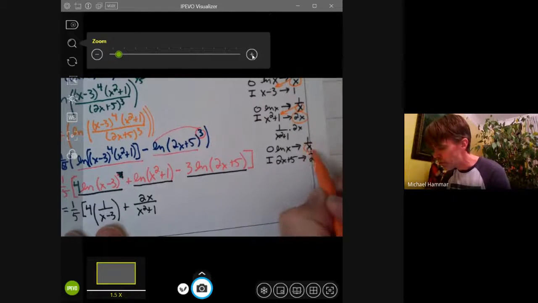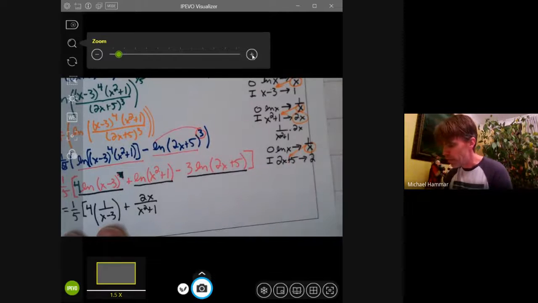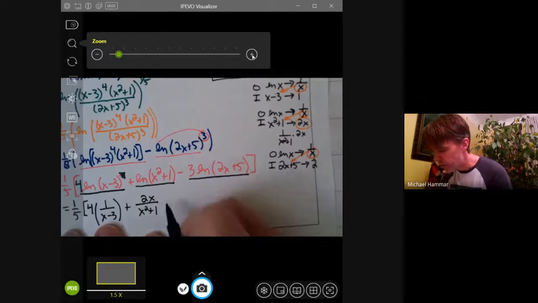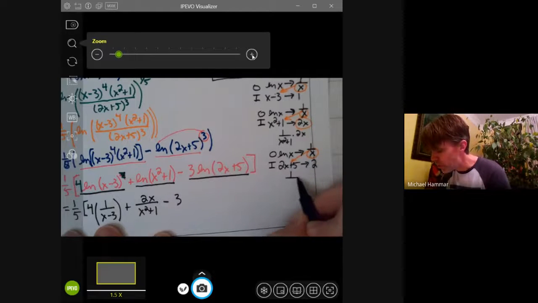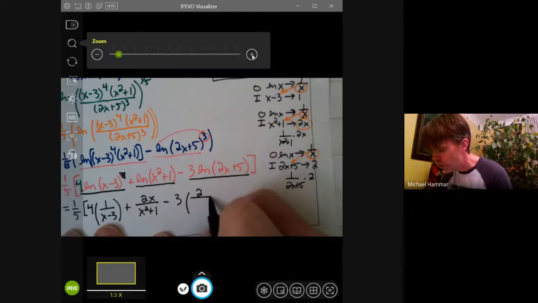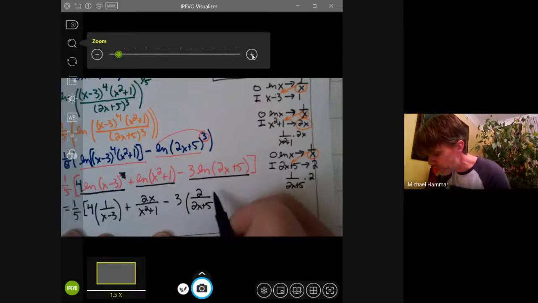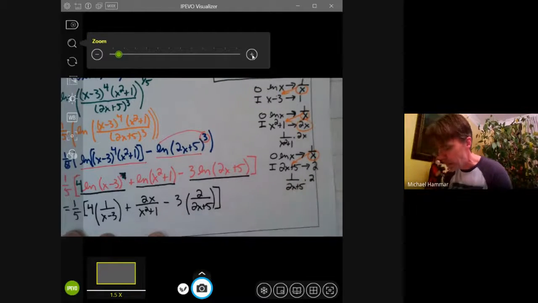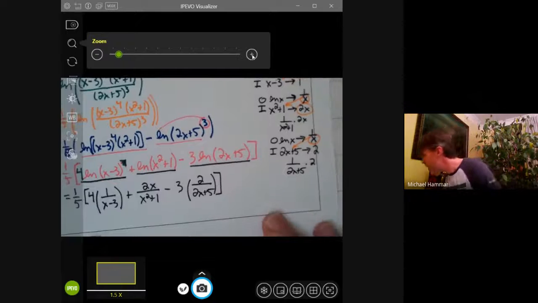So using our chain rule, we still have the constant out front, so it's going to be minus 3 times 1 over 2x plus 5 times 2. So I'm just going to write that in as 2 over 2x plus 5. Okay? And there we go. We have now taken the derivative of each of those parts.